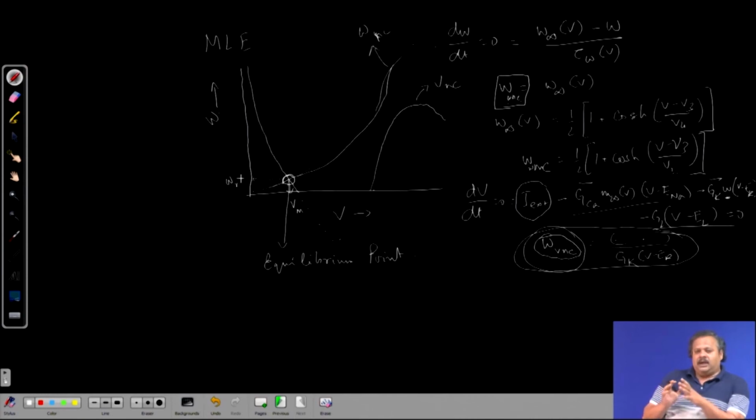Remember, we are looking at a reduced system. Keep on reminding yourself, we had started with V, M, H and N. We are now considering a reduced system akin to a reduced Hodgkin-Huxley system, but in this case there are two gating variables, of which one is very fast and we have taken that out, and there is only one gating variable whose dynamics are included, which is the W variable, and we have V as another state variable.